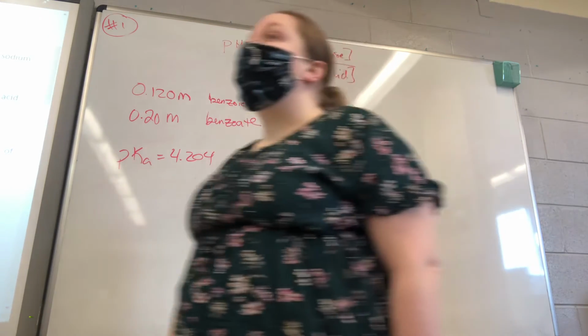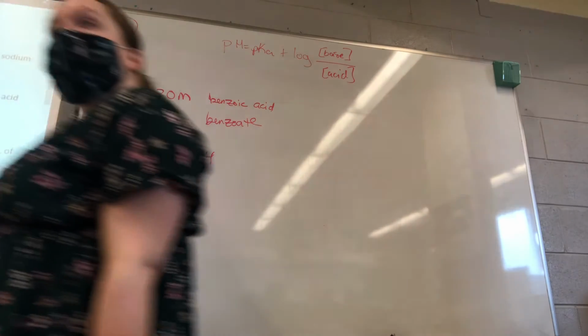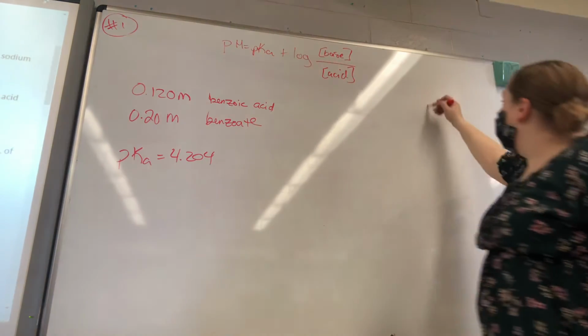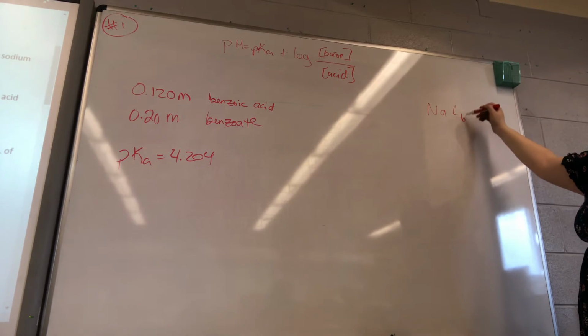Now we are given both of the chemical formulas, so hopefully you see that this is the acid because of the H at the end. And hopefully you see that this is its conjugate base if you just pretend you don't see the sodium, right? Sodium benzoate is technically a salt when we put it into solution.